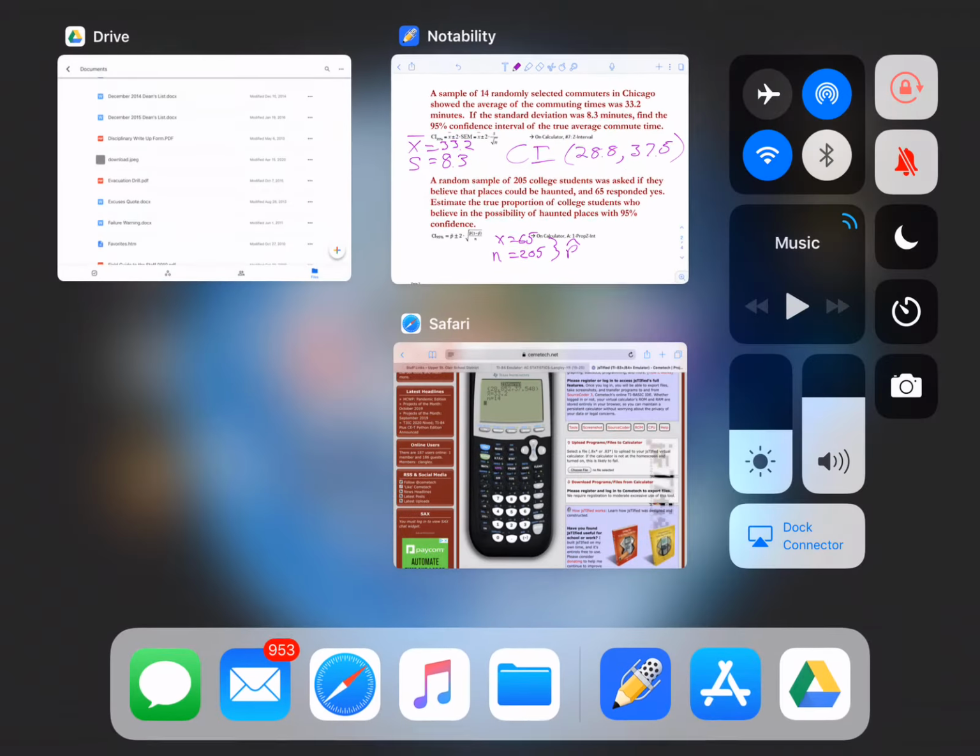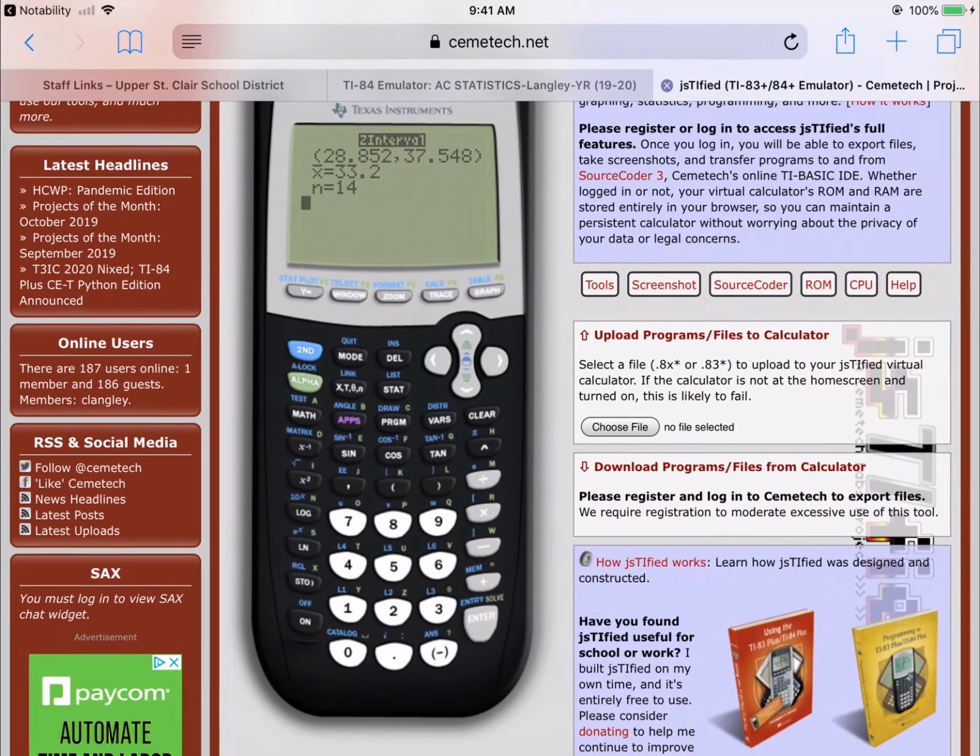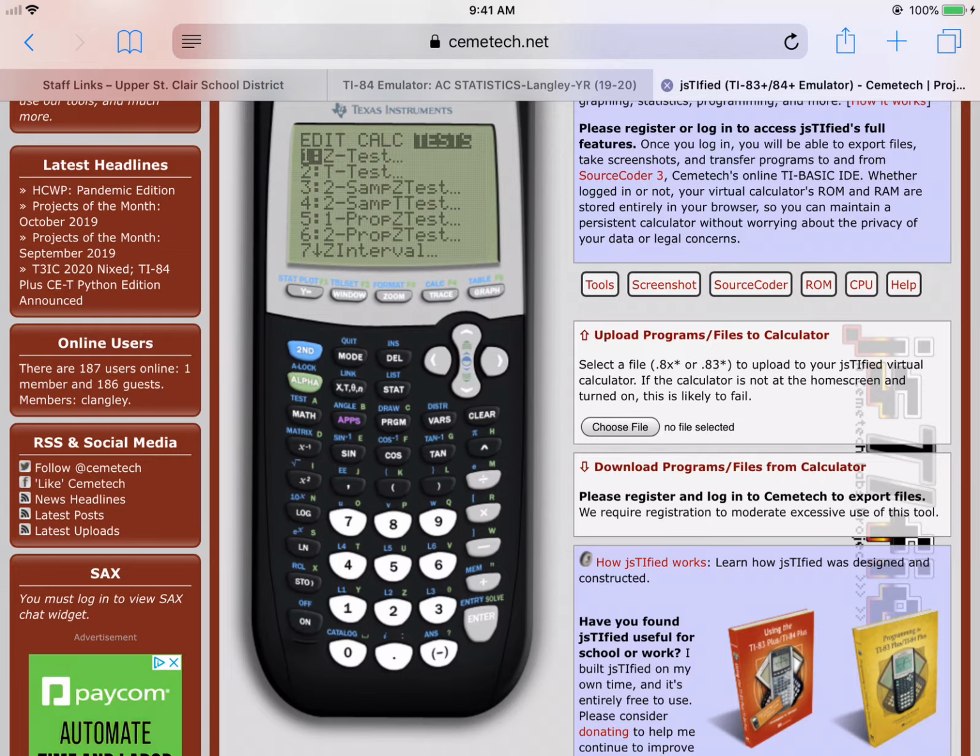So we'll go back to the calculator here. This is a one proportion Z interval. So stat tests, and this is letter A for a one proportion Z interval. Our X value is 65. Our N value is 205. 95% confidence interval.